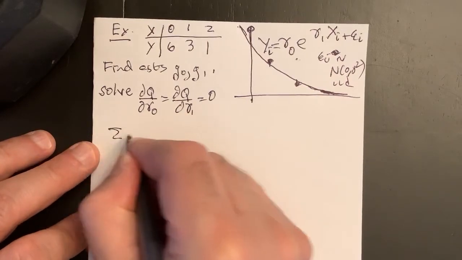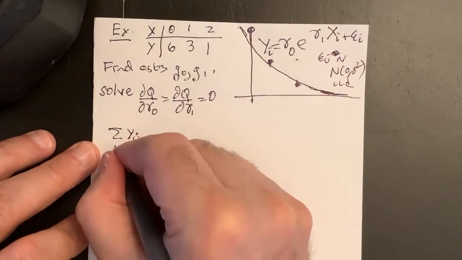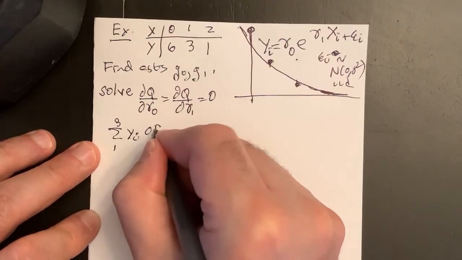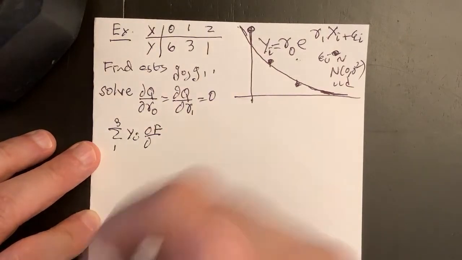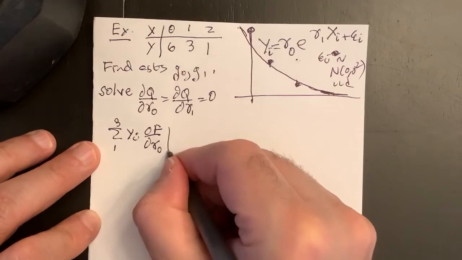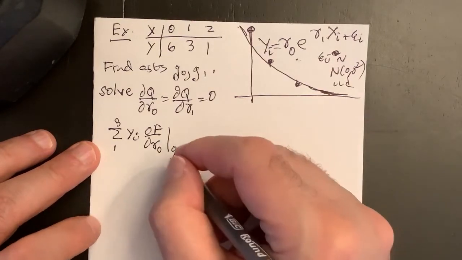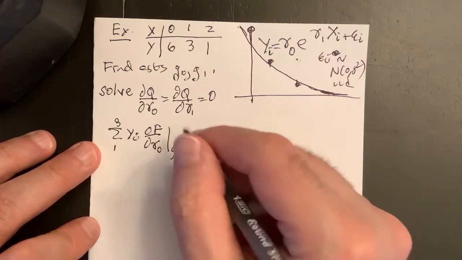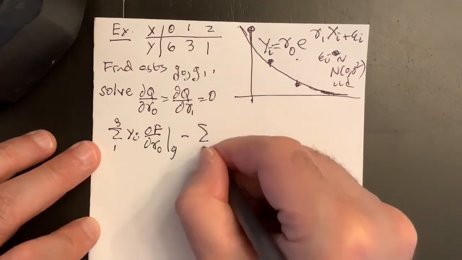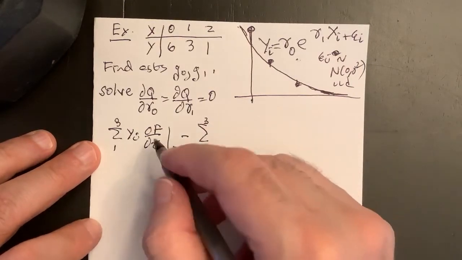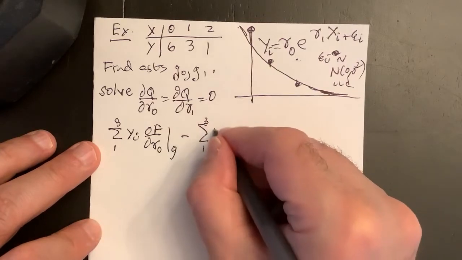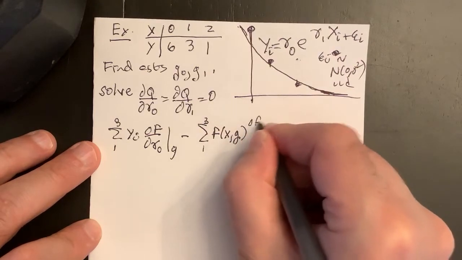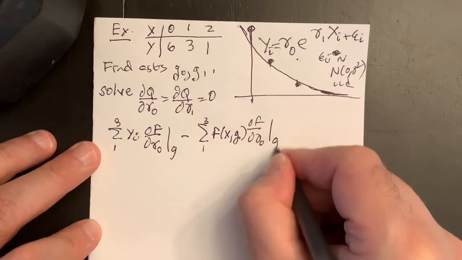We want to solve the sum of yi, after we cleaned it up, 1 to 3, times df/dgamma 0 evaluated at g, minus the sum 1 to 3 of the function itself, f(x, g), times df/dgamma 0 evaluated at g.